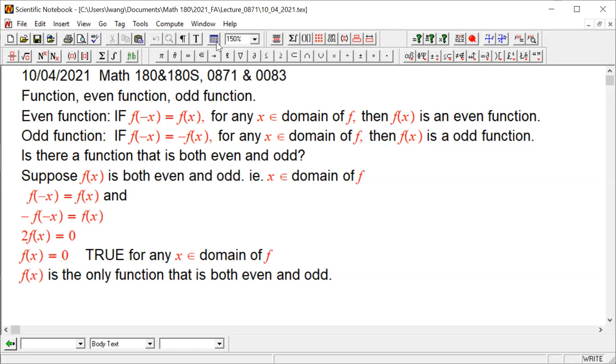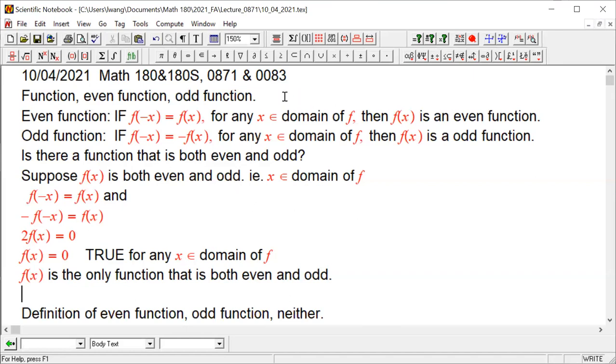So a function given to you that is not 0 cannot be both even and odd. Any questions? This is just algebraic manipulation. You can write it down and think about the process. If you have questions, come back to me.